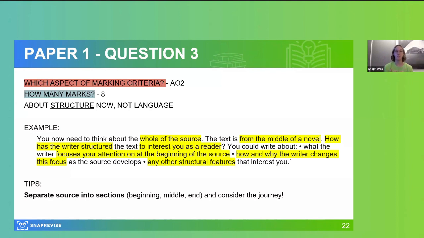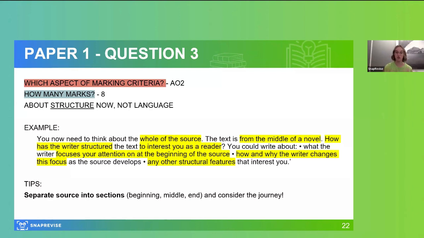Think about if there is some sort of structural technique which piques your interest, and then the conclusion or the end of the source kind of brings you back down. Think about what happens, and I would suggest maybe for the beginning, middle, end, using PEA for each section.